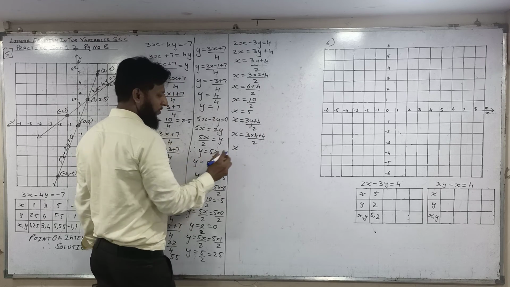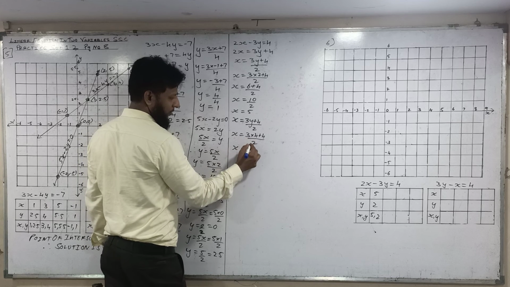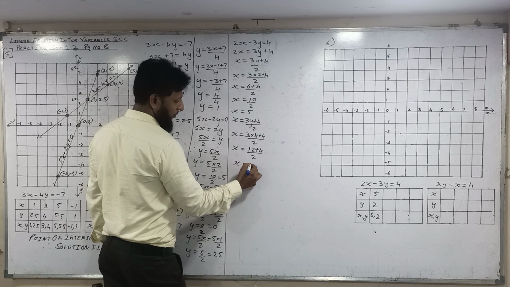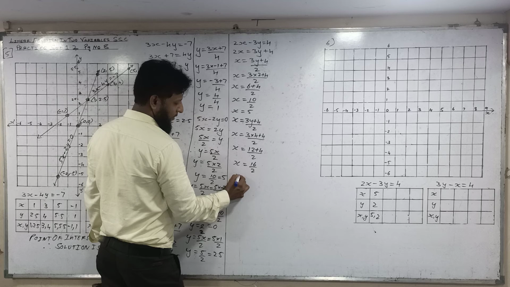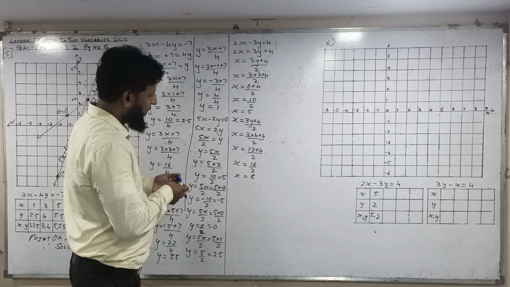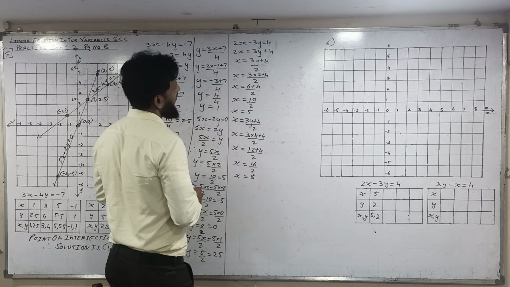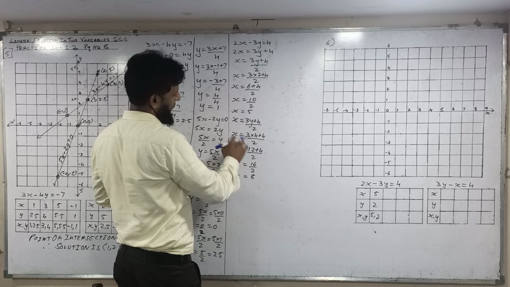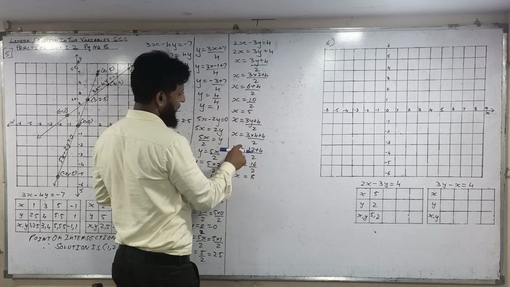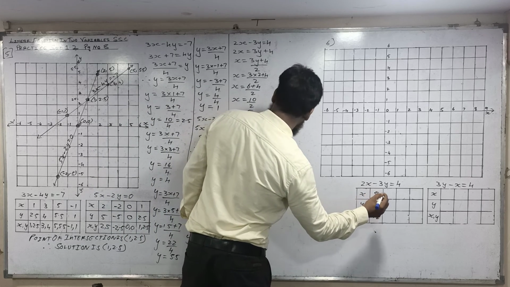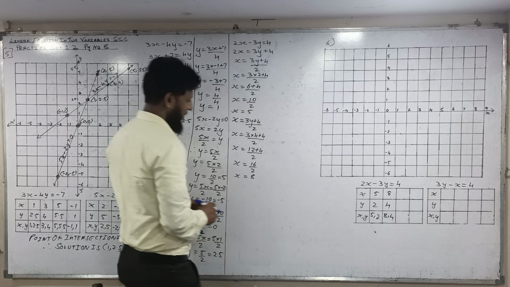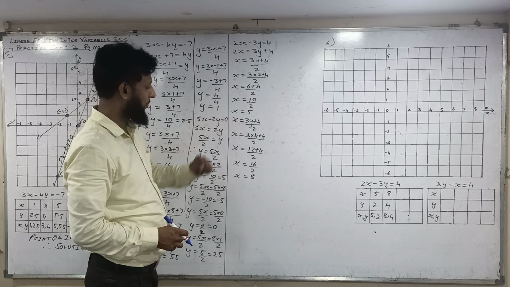So when I have taken y value 4, x is equal to 8. First here, y value 2, I get the value 5. Now y value 4, x value 8, 8 and 4. Okay, so x value 8 and y value 4.